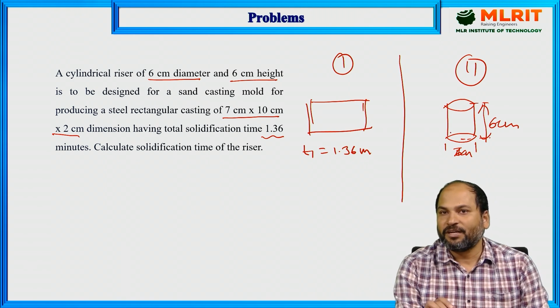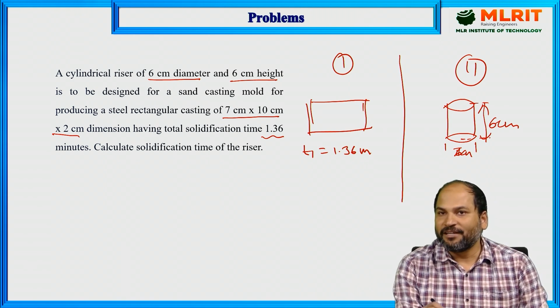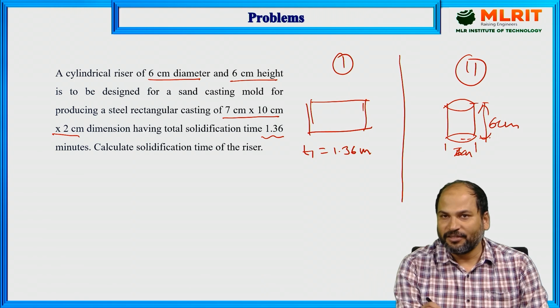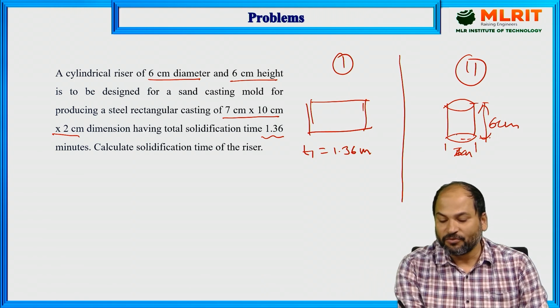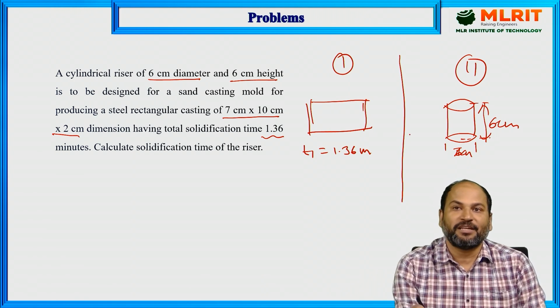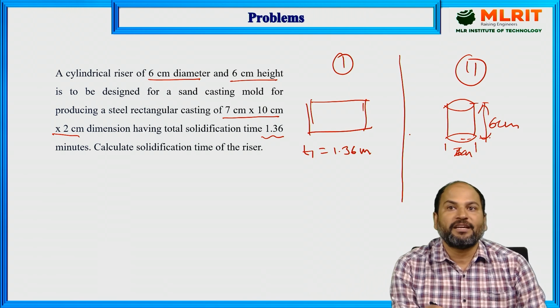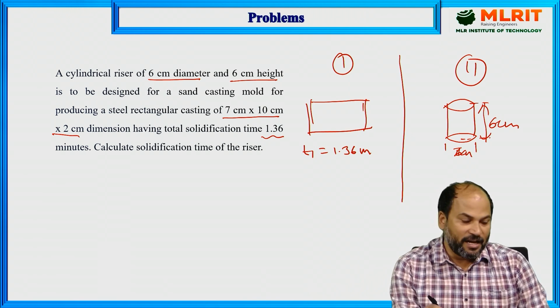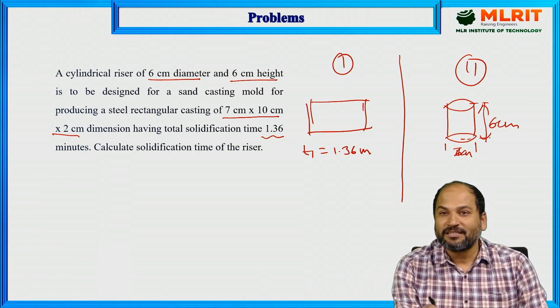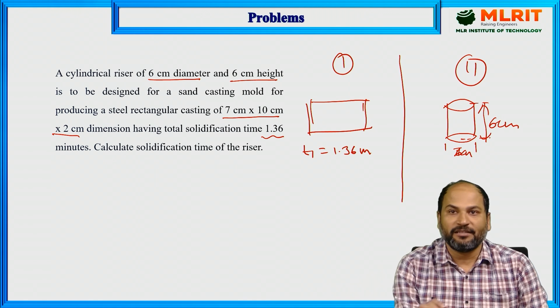So if the same metal is there in your mold cavity and inside the riser, what does it mean? The constant in the solidification time formula will remain the same for both. That is the main point in this numerical.